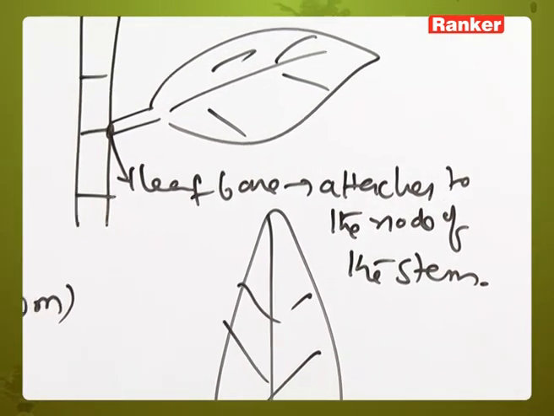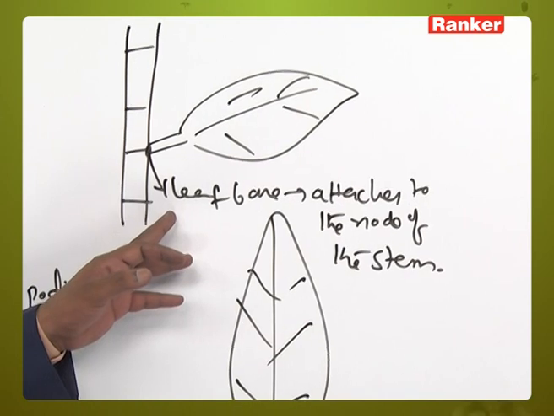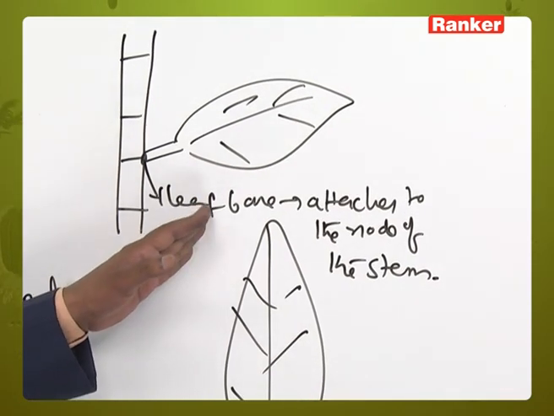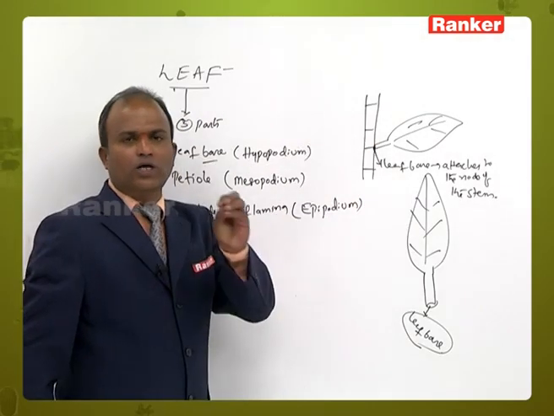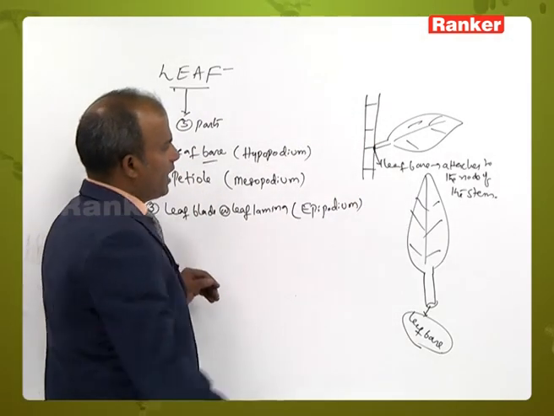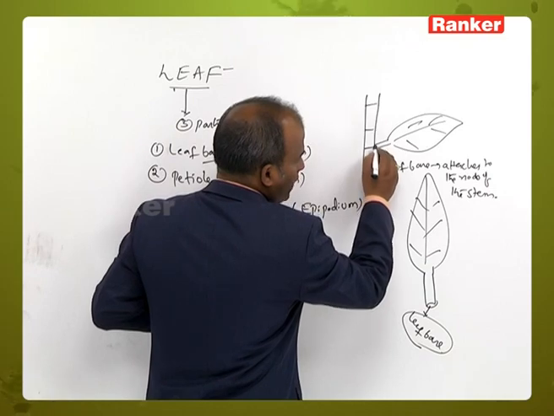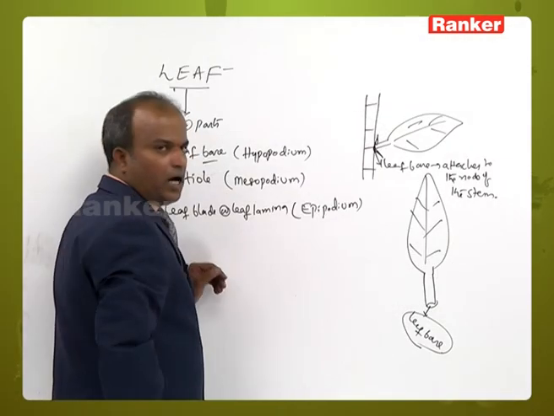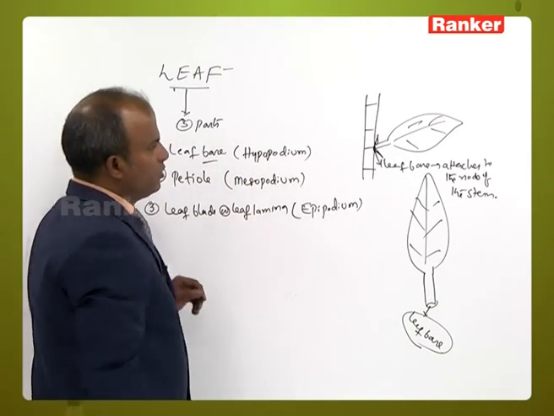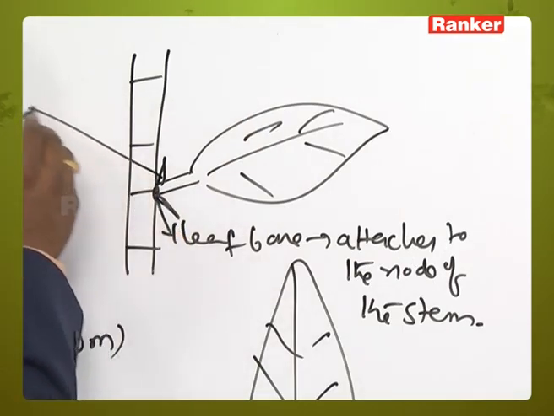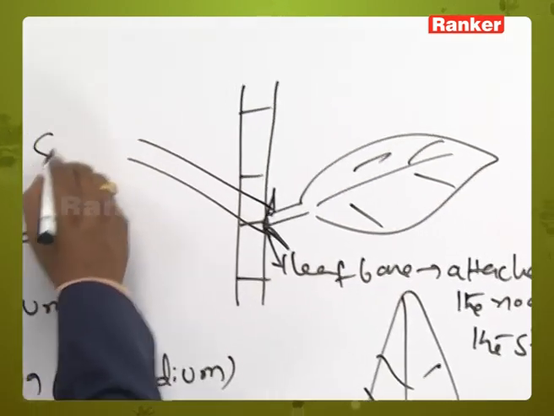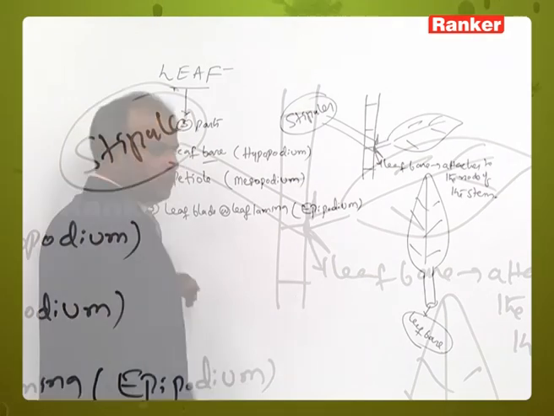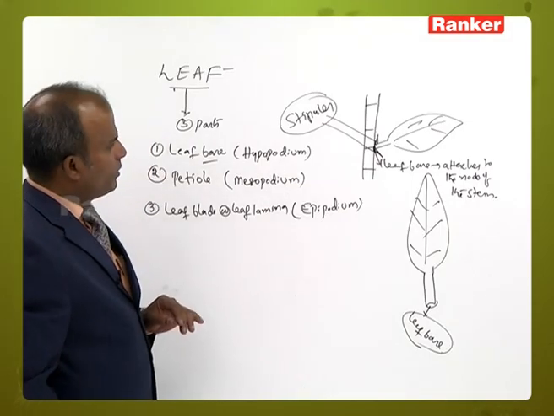And one more thing here. You know the function of the leaf base. On either side of the leaf base, two small scaly leaf-like structures, the stipules, develop.